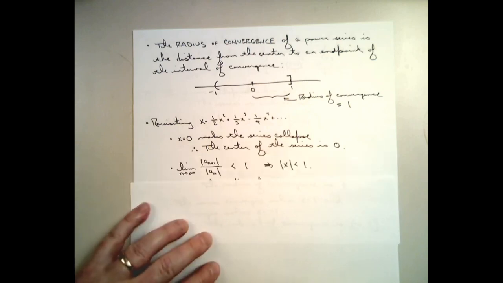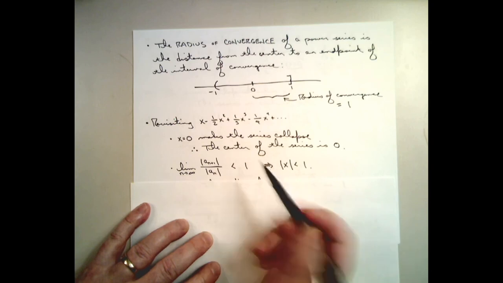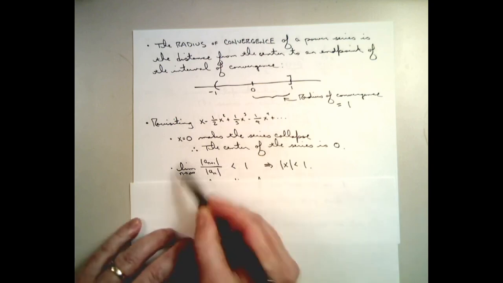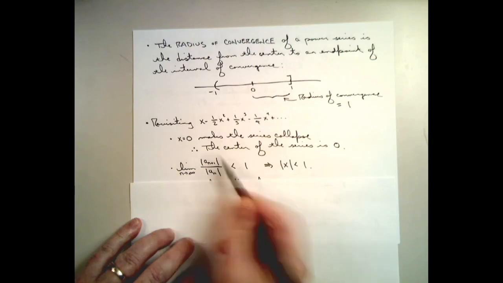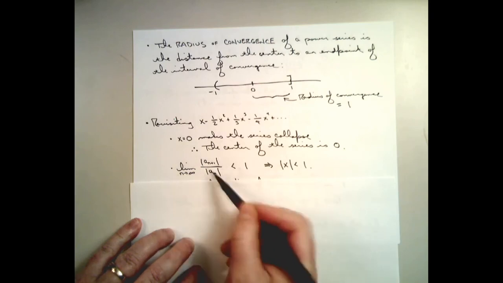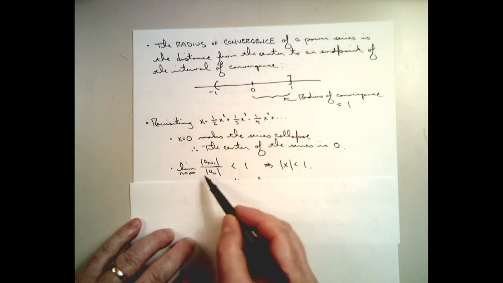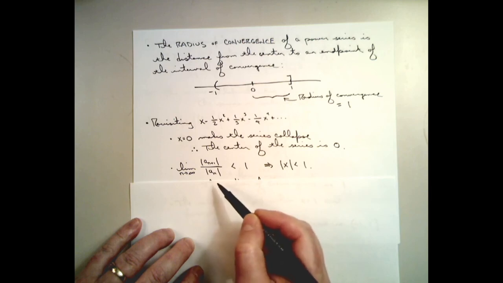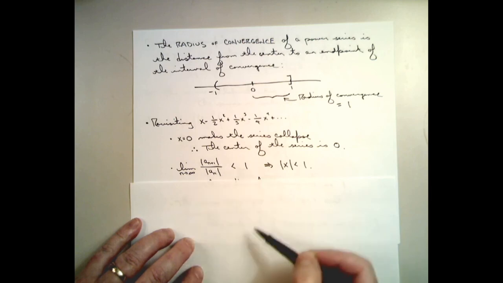We also showed, using the ratio test, that we were interested in the limit of quotients of the n plus first term to the nth term, well, the absolute values of those. And we knew that the series was going to be convergent if this is less than 1.